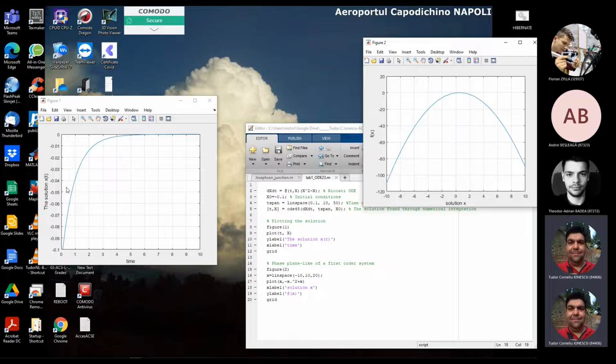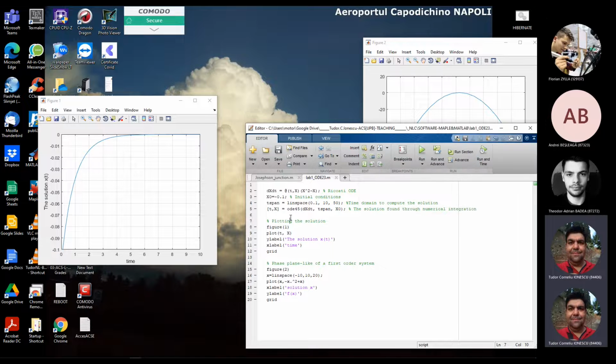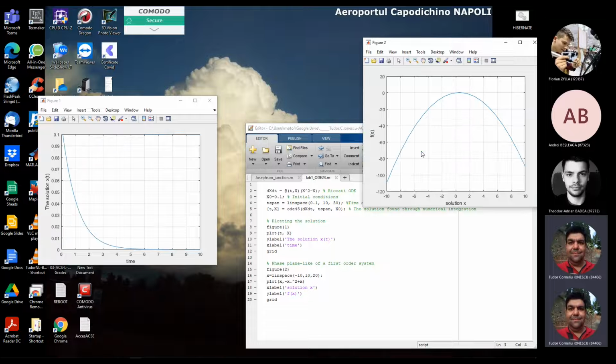Yeah. Okay. So you see, the initial condition is negative, it goes to 0. The initial condition is positive but less than 1. Look, it's going to 0.